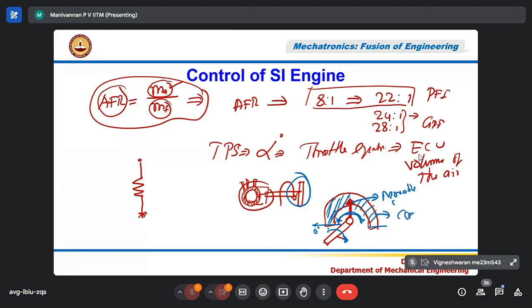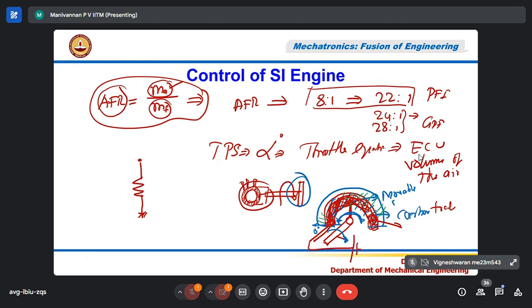Carbon ground into powder is mixed and coated on a non-conducting surface, for example, a bakelite, on which this is coated. This is the carbon track, and there are two ends. This is one end, this is the other end.